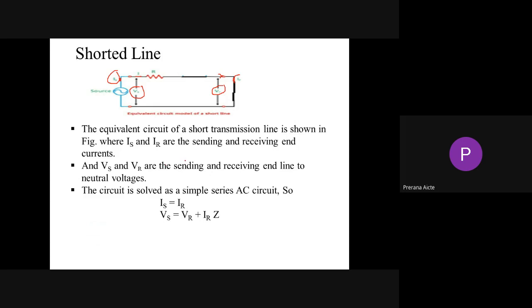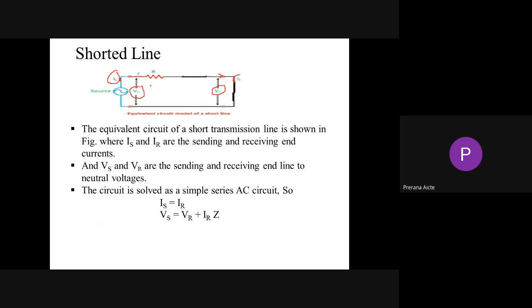Now the circuit is solved as a simple series AC circuit. These are all connected in series combination, because the output is short circuited.